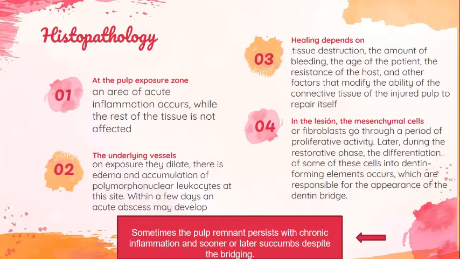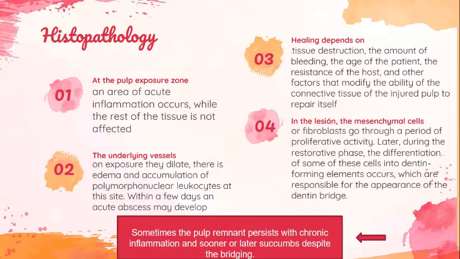3. Healing depends on tissue destruction, the amount of bleeding, the age of the patient, the resistance of the host, and other factors that modify the ability of the connective tissue of the injured pulp to repair itself. 4. In the lesion, the mesenchymal cells and fibroblasts go through a period of proliferative activity.